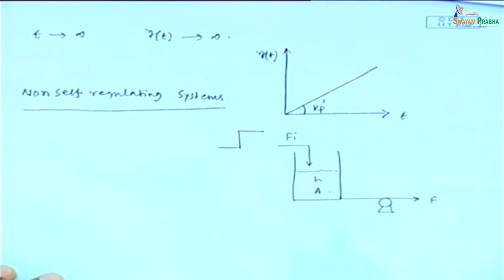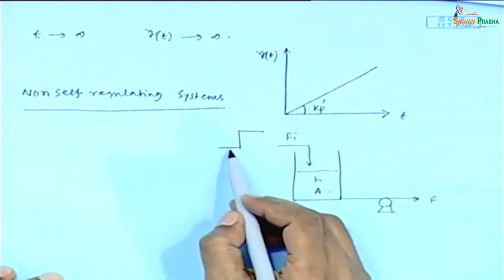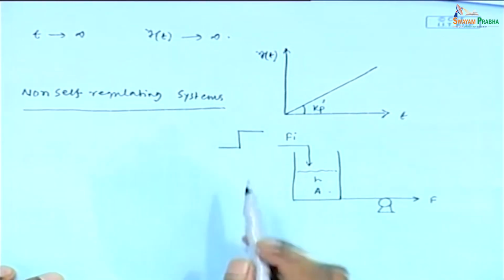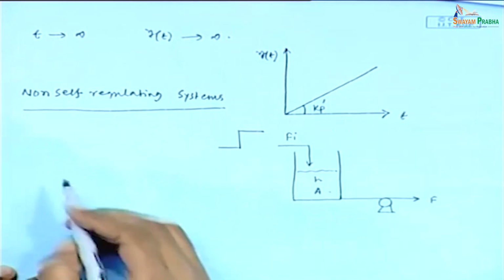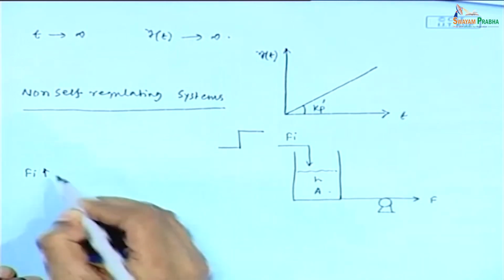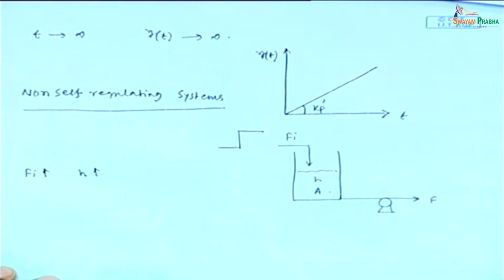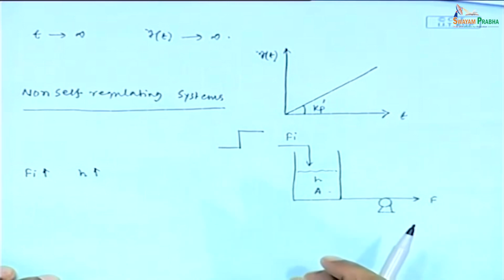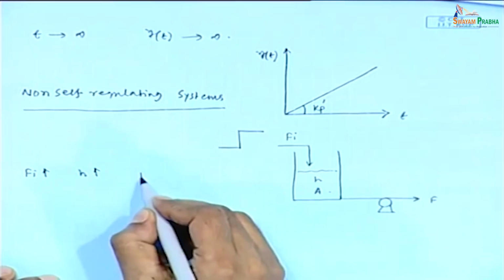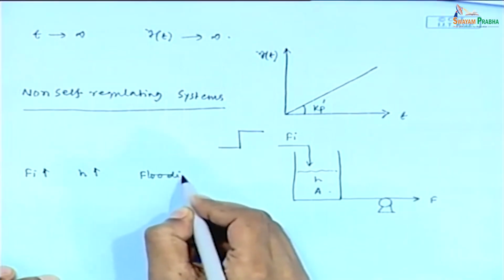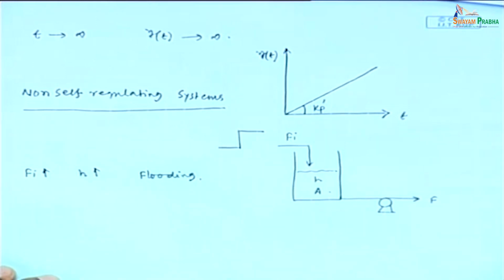Agree? So, if we increase F I, then the height of liquid in the tank increases and this tank becomes flooded.